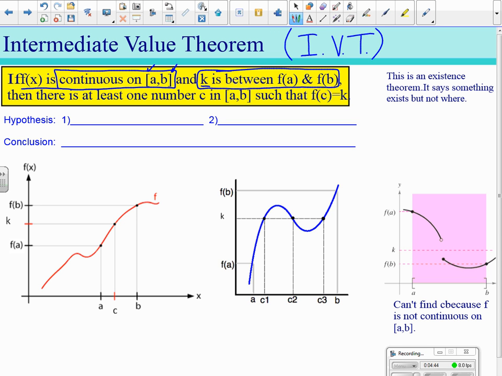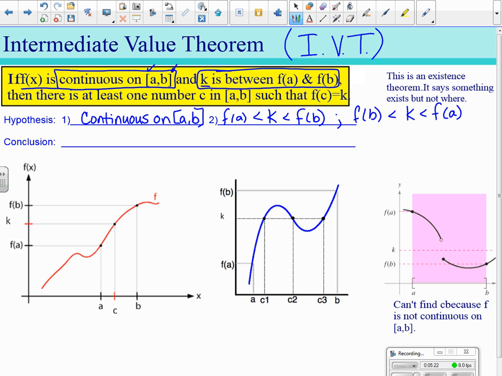One is that it is a continuous function on the closed interval a, b. The second thing is that k resides between f of a and f of b. It may be that k is larger than f of a but smaller than f of b, or it could be just the reverse, where f of b is the smaller value and k sits between it and f of a. Either scenario can be fine.